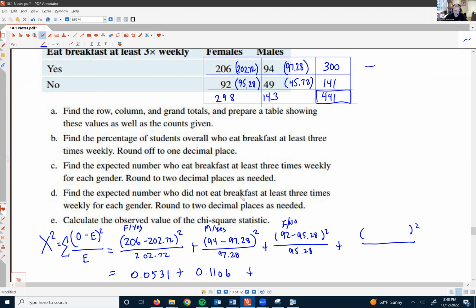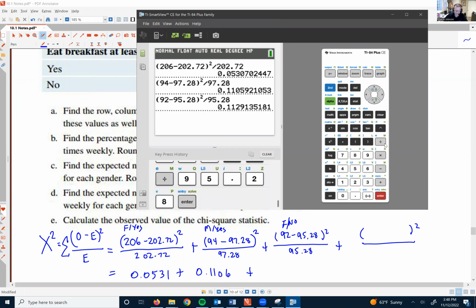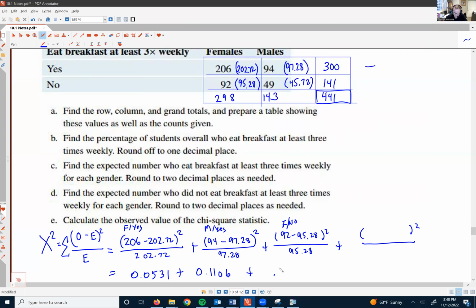So we'll put that into our calculator: 92 minus 95.28, squared, divided by 95.28. And that gives us a contribution of 0.1129 to our chi-square test statistic.